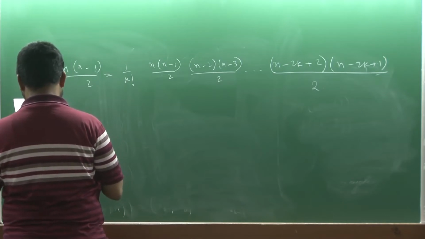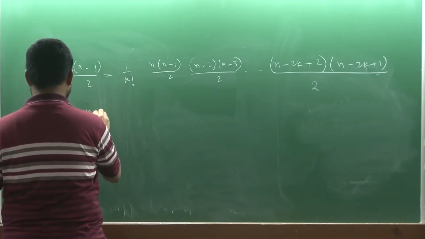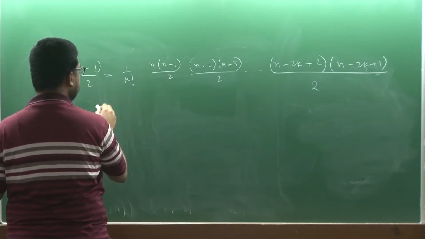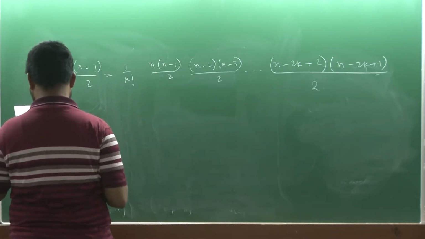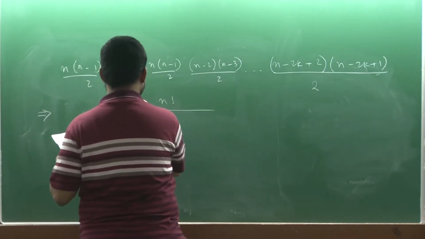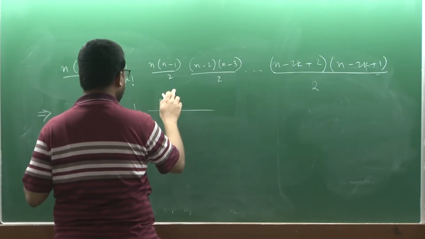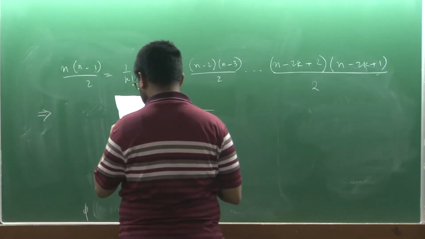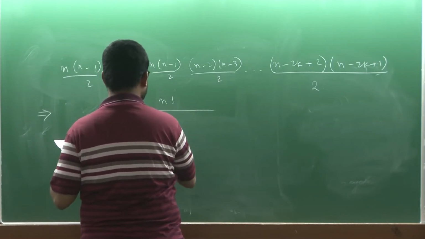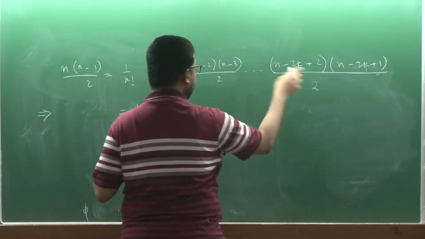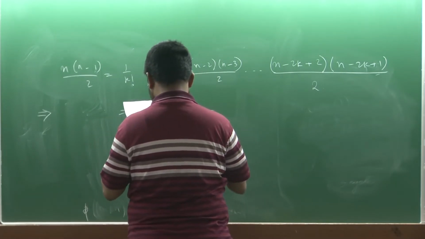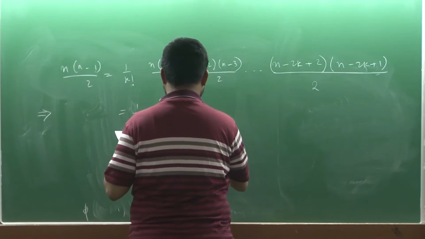So, let me first simplify this side: n factorial divided by 2 to the power k, we have k many terms, so this factor will be here, then k factorial, and then n minus 2k factorial.